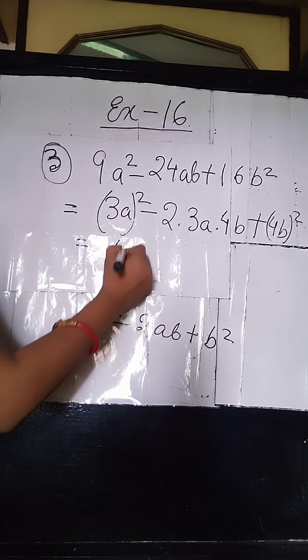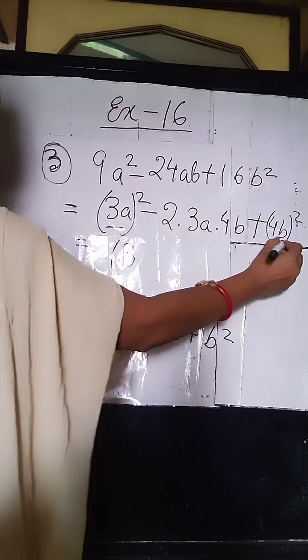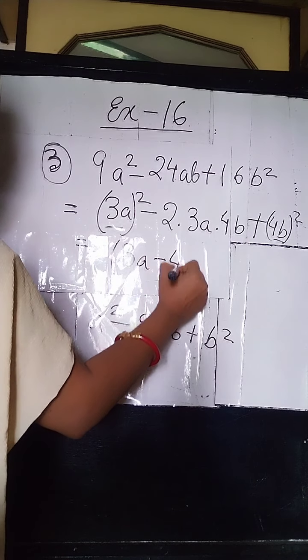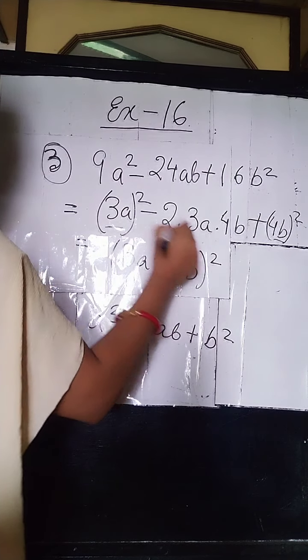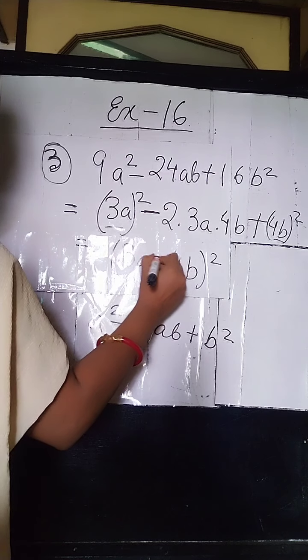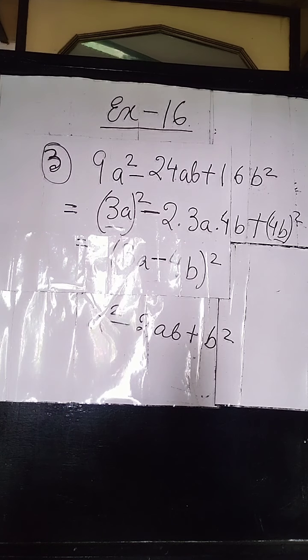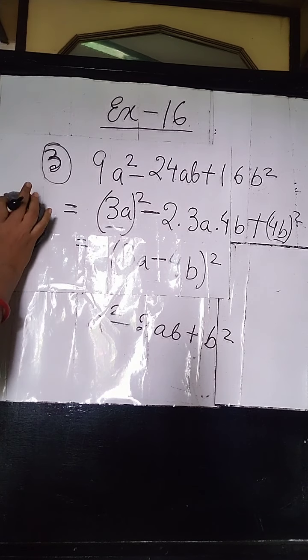Here a means 3a and b means 4b. So 3a minus 4b whole square. Since minus is there, we will write 3a minus 4b whole square. So you can see how easy the sums are. I have started this kind of sums in the last video, and in this video also I will continue with this kind of sum. Let's solve sum number 4 right now.